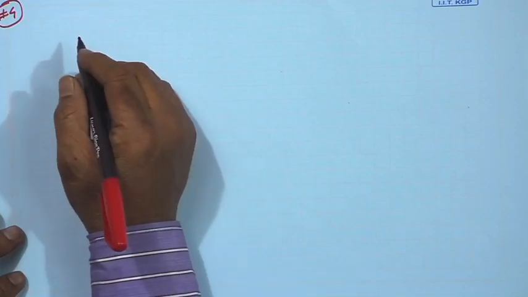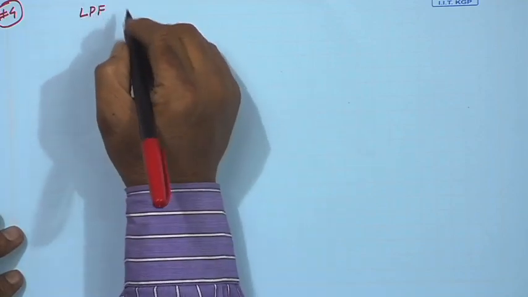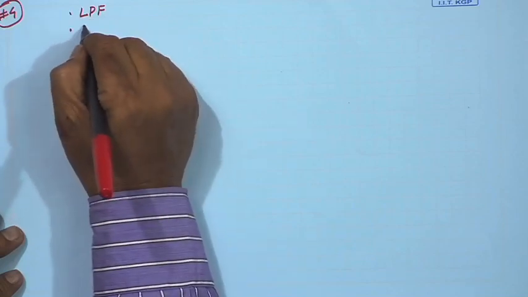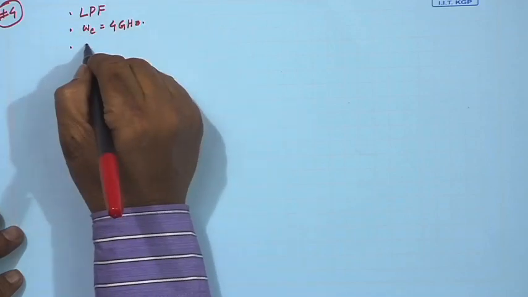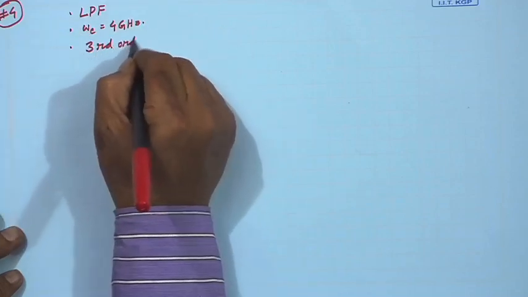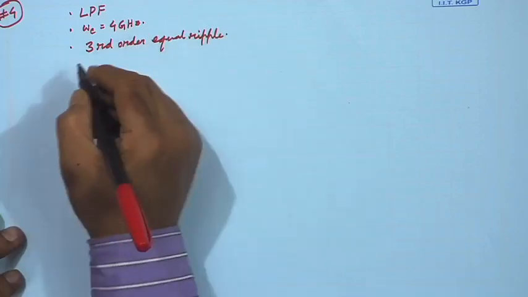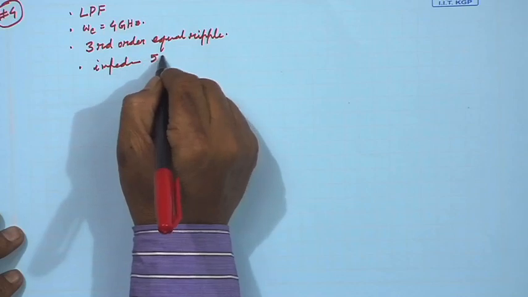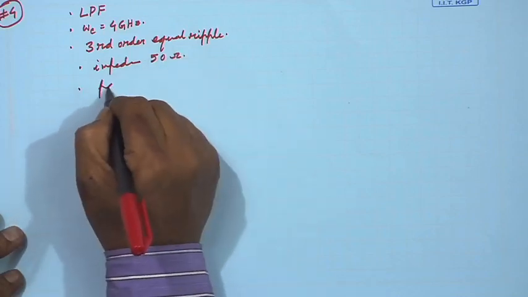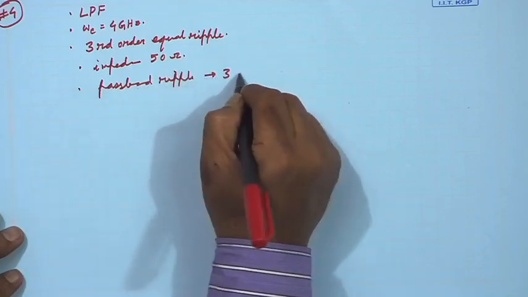Now, implementation wise, you see that design, let us say low pass filter, cutoff frequency 4 gigahertz, third order equal ripple, that means Chebyshev with n is equal to 3, then impedance is 50 ohm, and pass band ripple is 3 dB.